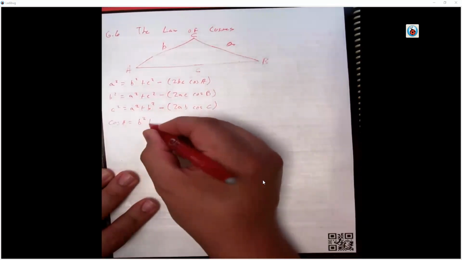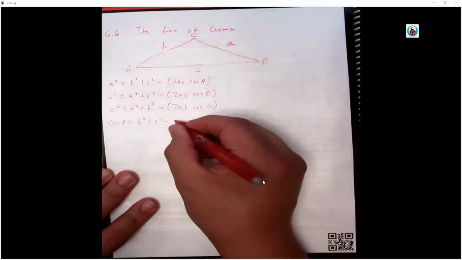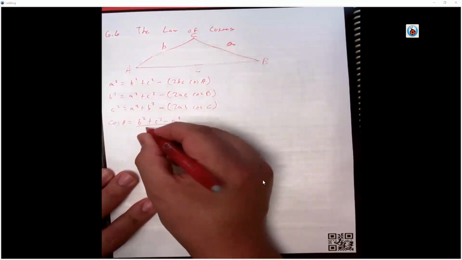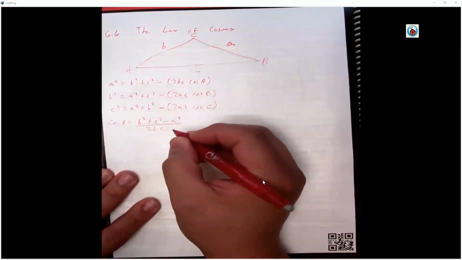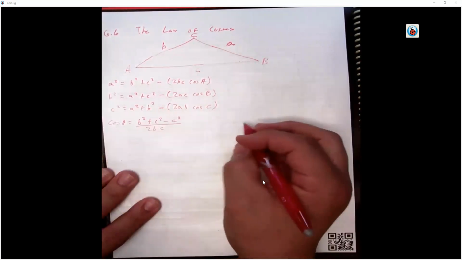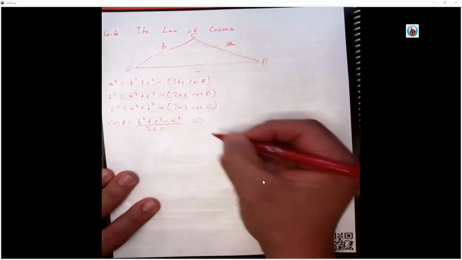Okay. Cosine A is equal to B squared plus C squared minus A squared over 2BC. Now, I solved this earlier for you. So let's say, you know what, I don't want to think too hard.